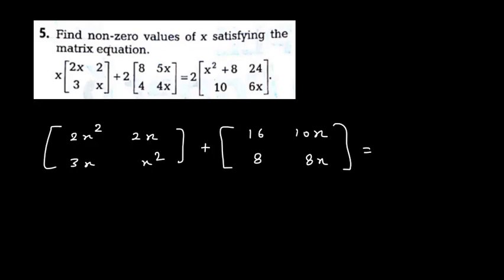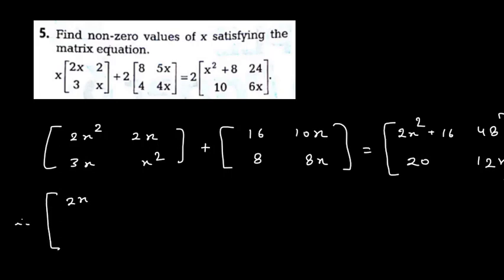This is equal to, now here I will multiply, so I will get 2x square plus 8 twos are 16, 24 twos are 48, 10 twos are 20, and 2 sixes are 12x. So on the left hand side we have 2x square plus 16, then 2x plus 10x, that is 10x plus 2x, which is 12x.